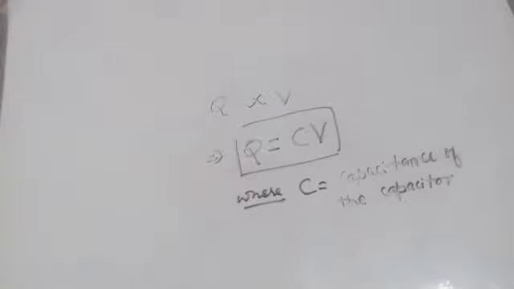we can say the charge on any of the plates is proportional to the potential difference between them, as we have discussed and learnt in the first chapter and also in the first half of the second chapter. This implies Q is equal to, when we change this sign of proportionality to an equal sign, there comes a constant of proportionality denoted by C, where C is nothing but the capacitance of the capacitor.